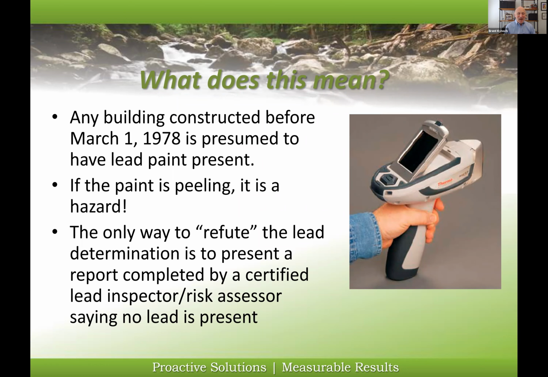So again, I keep saying this, but I want to make it very clear to you. If any of you are property managers or involved in property in the District of Columbia, there's a presumption that if the building was built before 78, all the paint is lead. If it's peeling, it's a hazard. If it's a hazard, it has to be repaired. And the only way to prove that that's not a hazard is to prove that it's not lead-based paint.